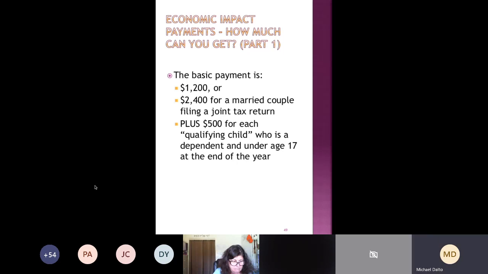Now, I have heard reports of some parents getting the extra $500 payment for a child who is not a qualifying child, who's already 17 or even 18 by the end of the year. And that appears to be a glitch in the system, a mistake. I do not know whether that person might have to pay back that $500 or not, but they would not be eligible for it.